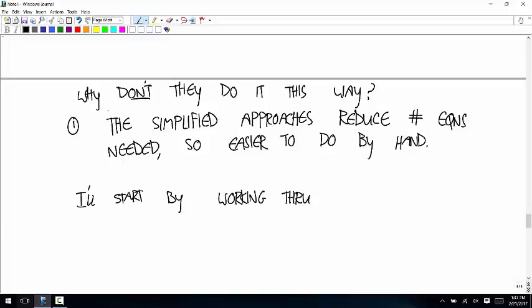I'm not sure if we're going to get all the way through this. And then once we get through this, I'll give you a careful set of steps that you can follow for every problem.